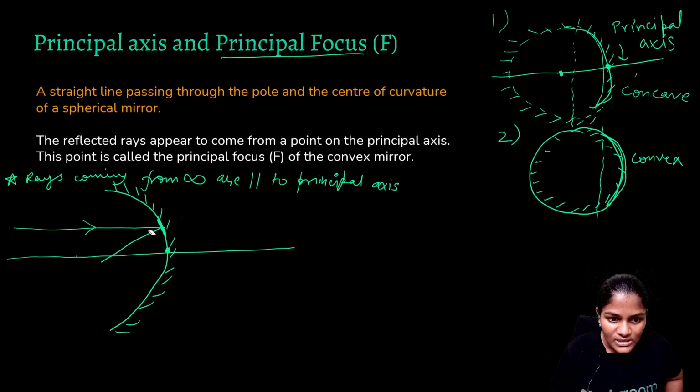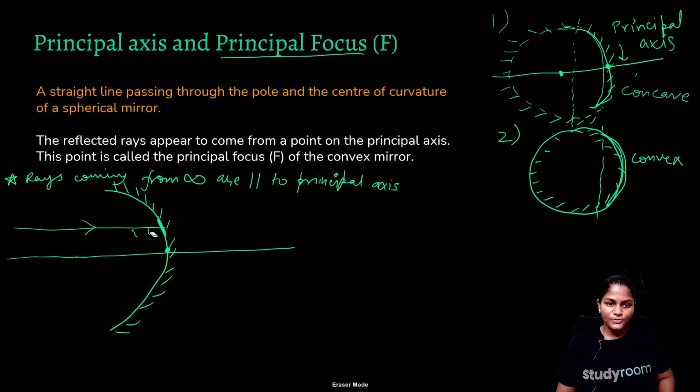Now, if this is the angle of incidence, I have to basically draw a line which has almost the same angle from this normal. I should have drawn the normal dotted. The normal is always dotted. That should have the same angle with the normal as the incident ray. So somewhere around here looks like the same angle, right?